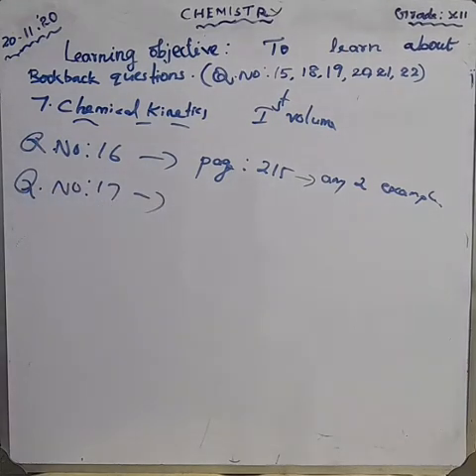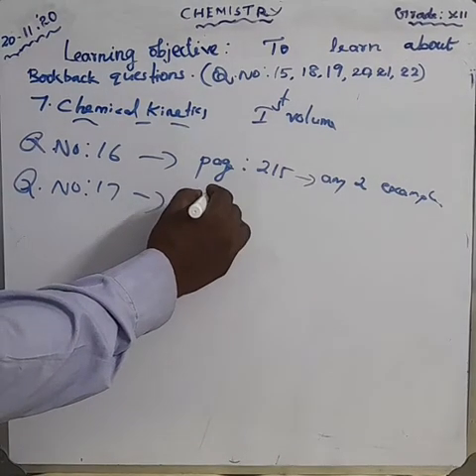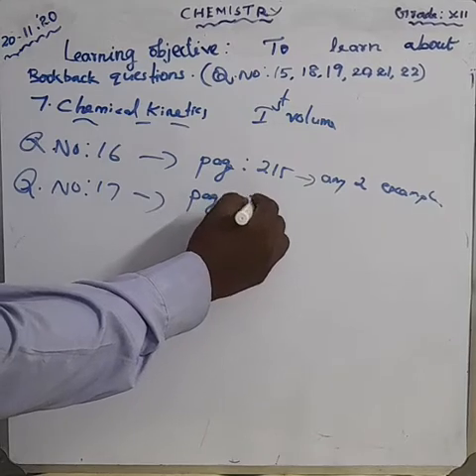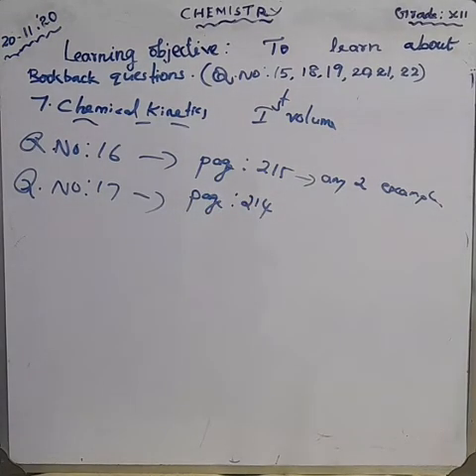Then question number 70. What's the question number 70? Explain pseudo first order reaction. Page number 240, 2014. That's a 3-mark question.